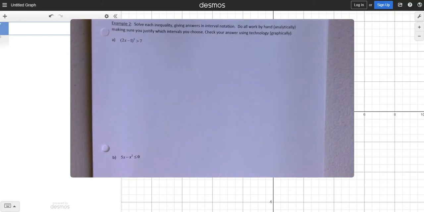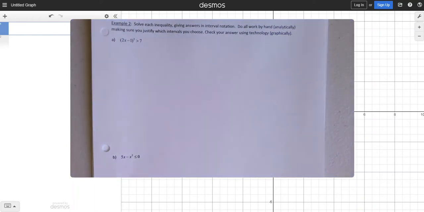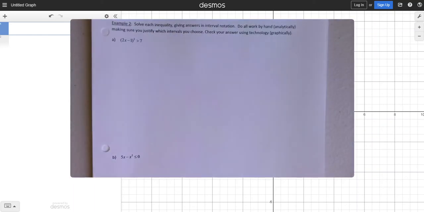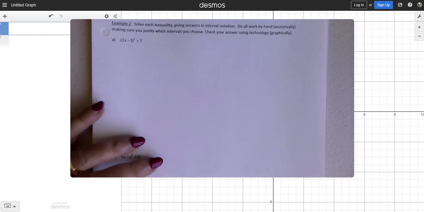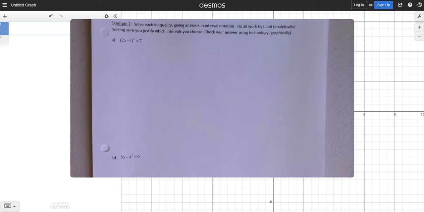So I'd like to solve my inequalities, again giving my answers in interval notation. We're going to work by hand, that is analytically, making sure that we justify the intervals we choose, and then we'll check by getting a Desmos graph so we can look at it graphically like we did on the previous page. First of all, my personal preference, I like to have one side be 0.